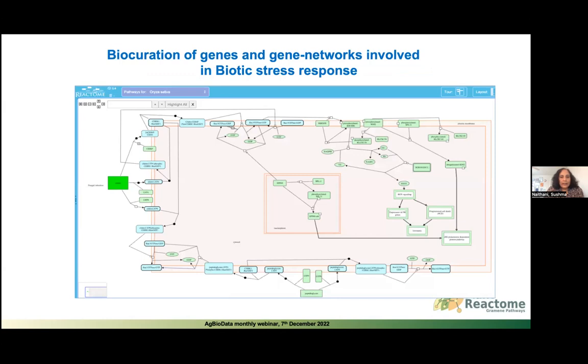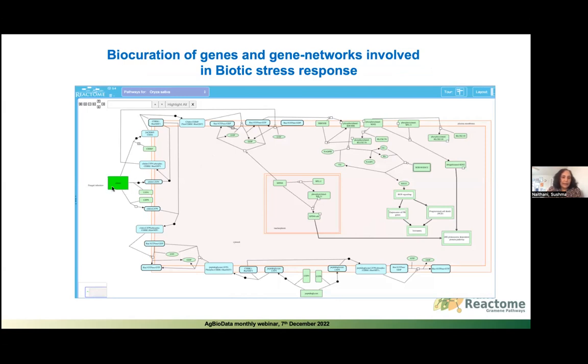So here is another example of biocuration of a signaling pathway and how it can connect to various metabolic reactions and other pathways. This is the pathway of the biotic stress response, how plants actually recognize a fungal pathogen.